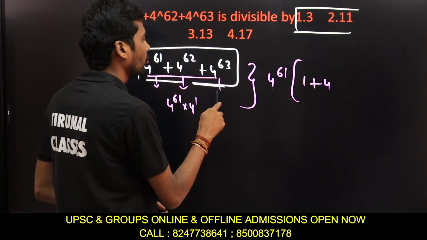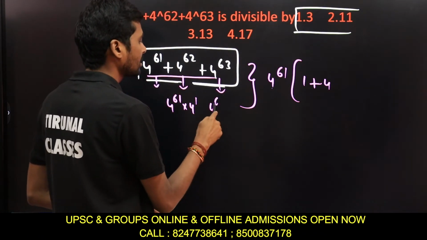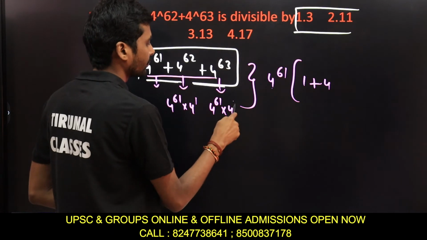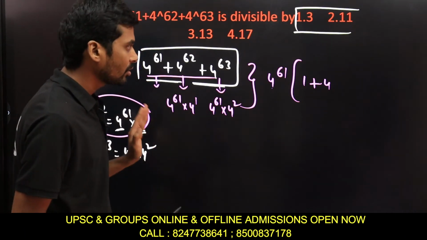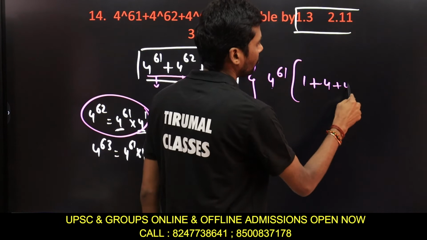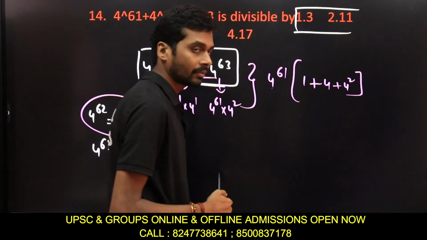Next, 4 power 63 is 4 power 61 into 4 square, so taking 4 power 61 common, 4 square is the remaining number.